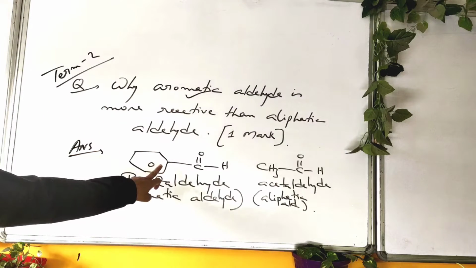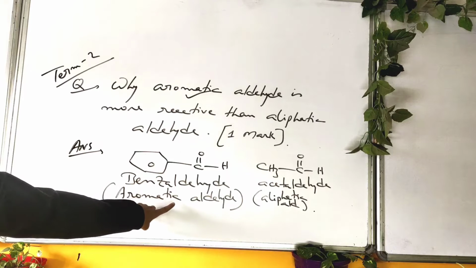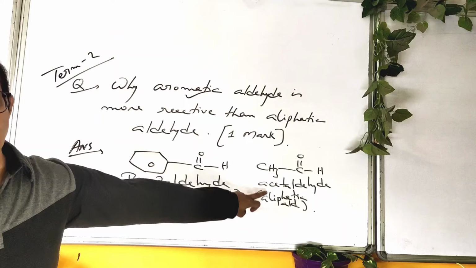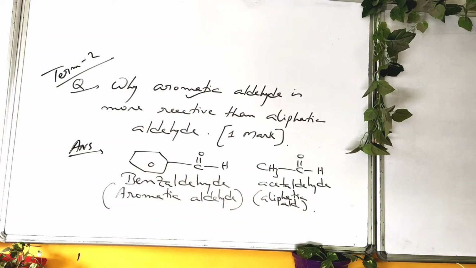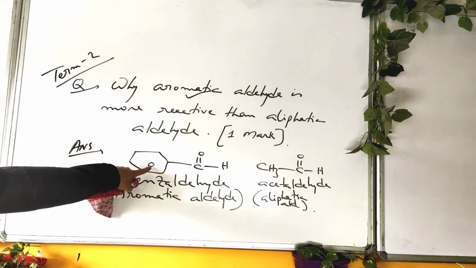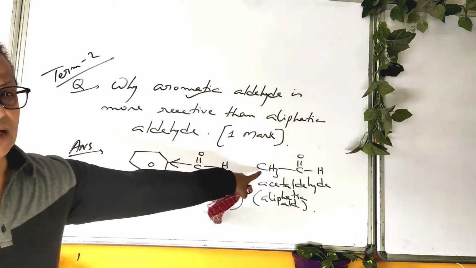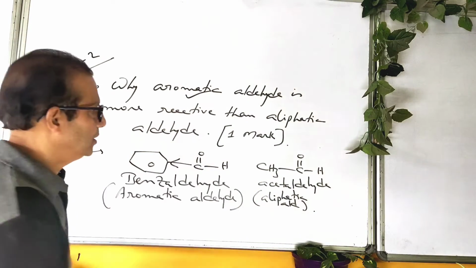This is benzaldehyde. It is an aromatic aldehyde. That is acetaldehyde. It is an aliphatic aldehyde. Now, we know that the benzene ring has electron withdrawing nature. Any alkyl group has electron donating nature.